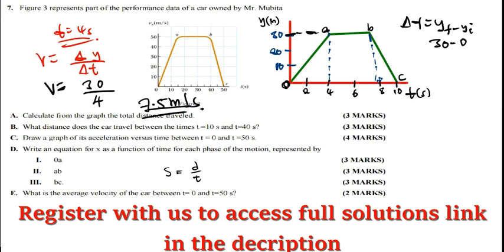Then it's going to be 30 minus 30 divided by time. Time is moving from 4 to 8, which is again 4. 8 minus 4 is 4. So it will be 0 over 4. So the speed there is 0 meters per second, because this person was not moving from point A to B. Okay, that is making sense.